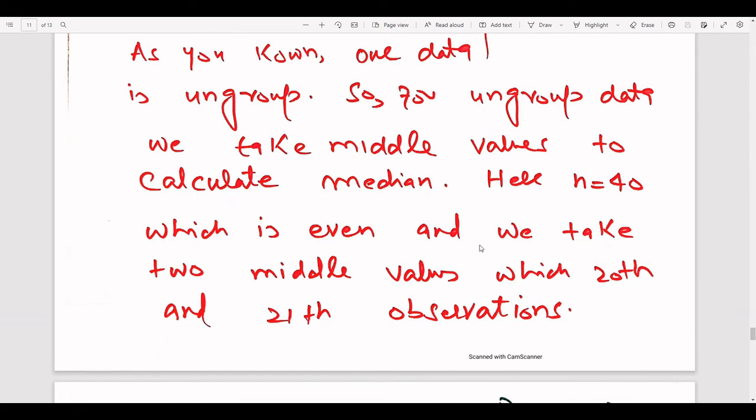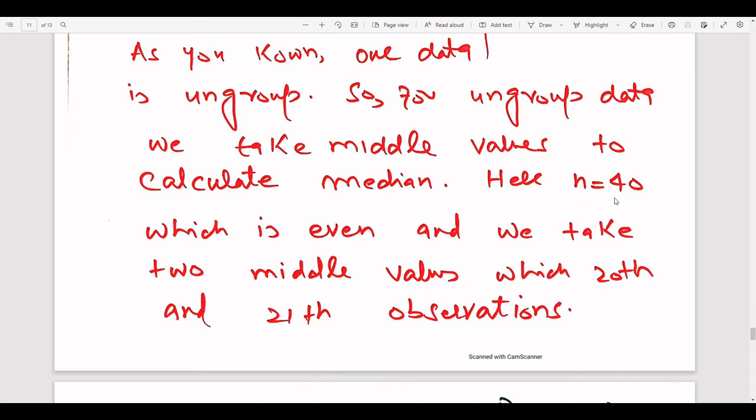When you find its middle, 20 and 21 are the middle values: 19 values before and 19 values after, which is 38, and the middle two values are 20 and 21. So when the number of observations is even, as small n is equal to 40 is even, we take two middle values.